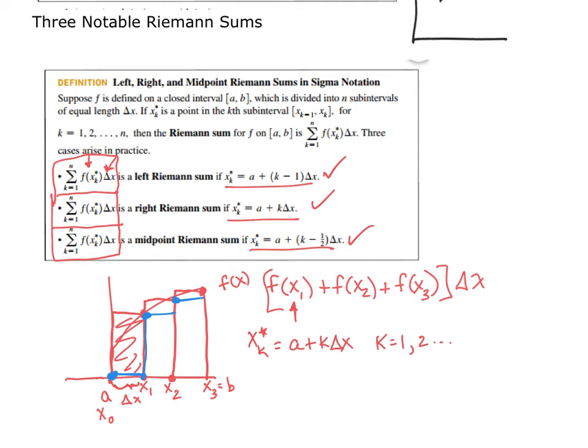So for a left-hand Riemann sum, your x sub k star is going to be a plus k minus 1 delta x. So that your first one, if you plug in k, you're not adding a delta x at all. You're just going to get a as your first left-hand endpoint. So that's again why those are different.